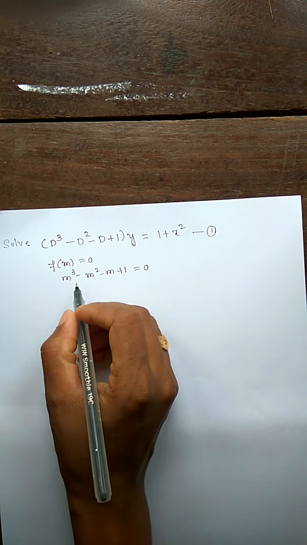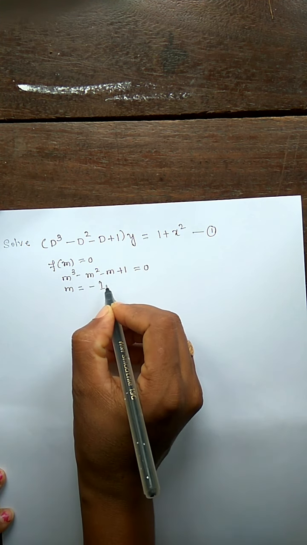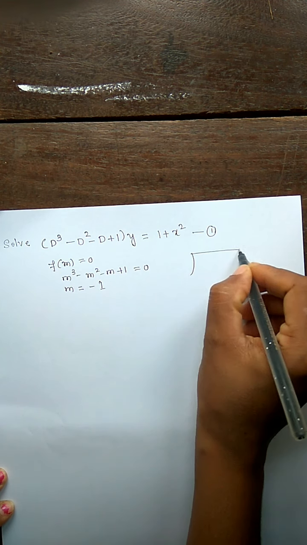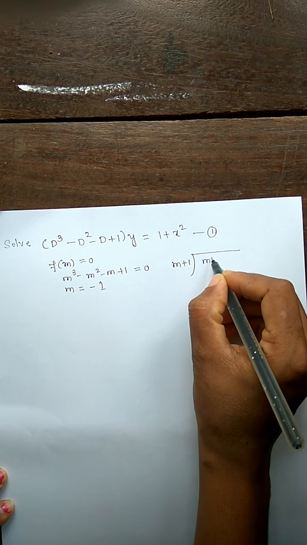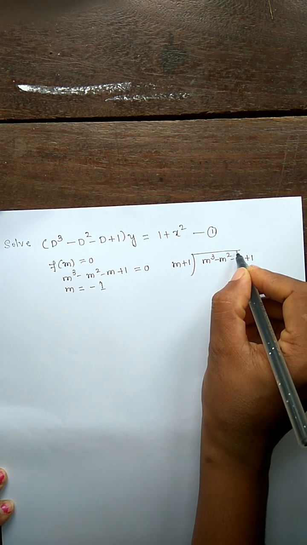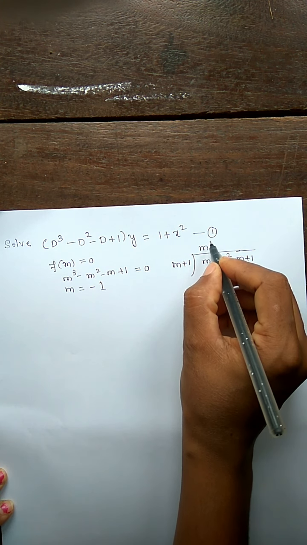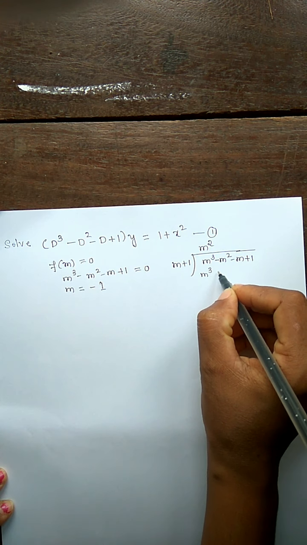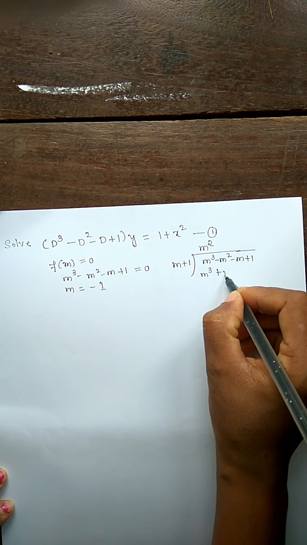By inspection, we can say that m is equal to minus 1 is the first root. So then we can factorize it: divide m cube minus m square minus m plus 1 by m plus 1. The first term of the quotient is m square, so m cube plus m square.